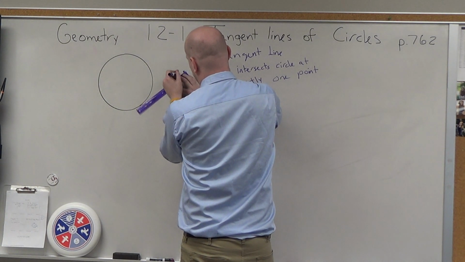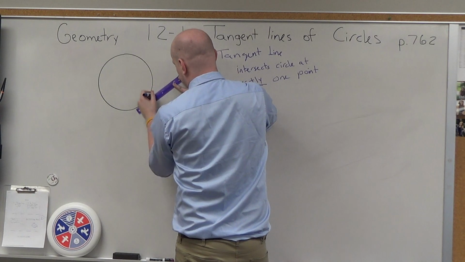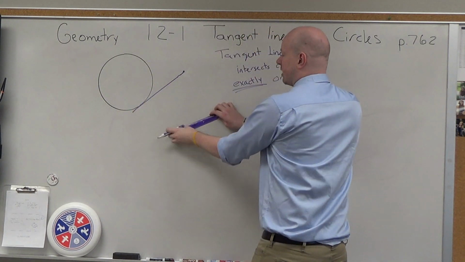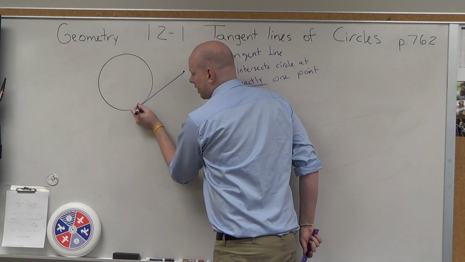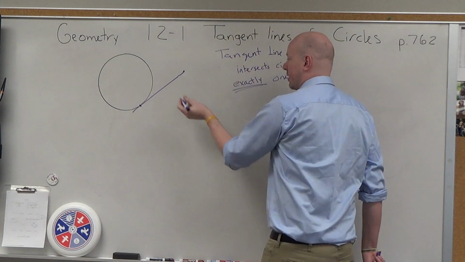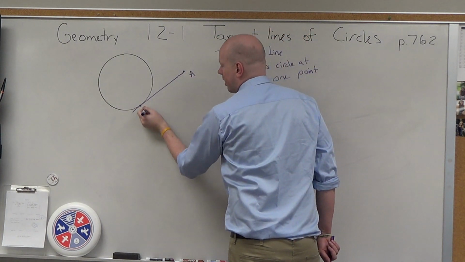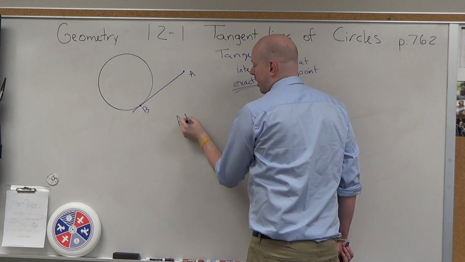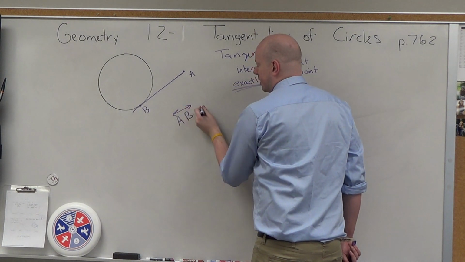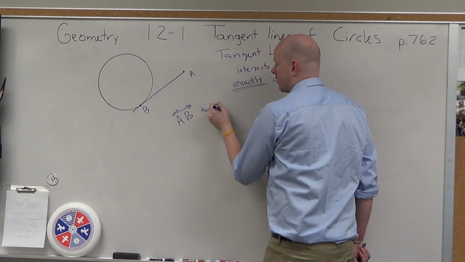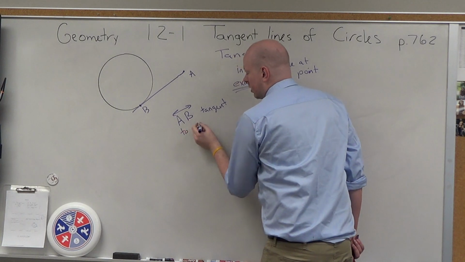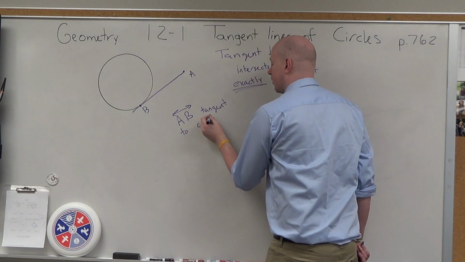From my dead point, I would just intersect the circle at exactly one location. So here, this would be AB. We would say line AB is tangent to circle.